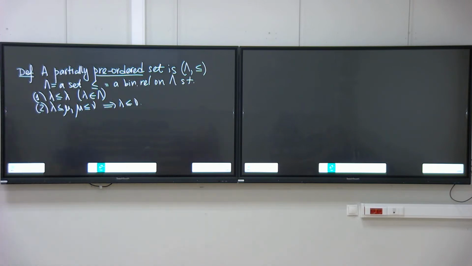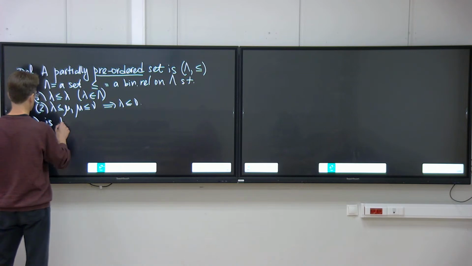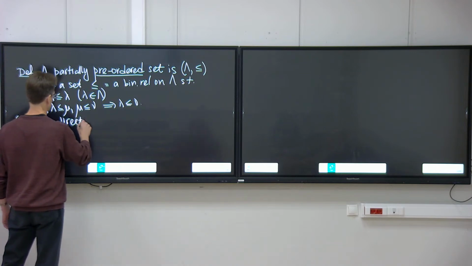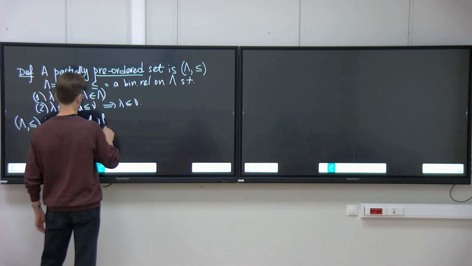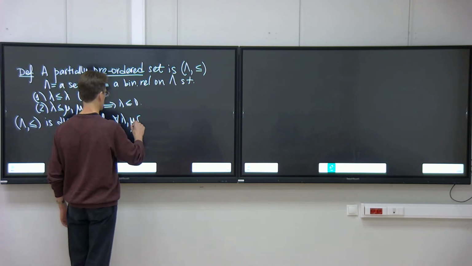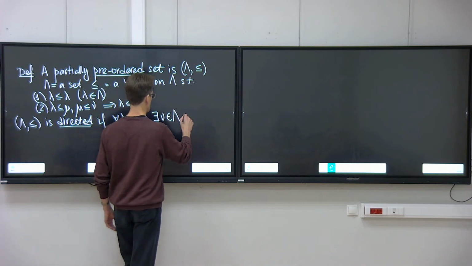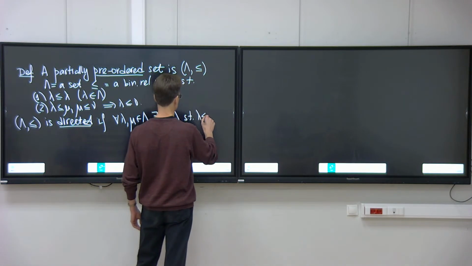For such sets, we can define the property of being directed in exactly the same way as in the case of ordered sets. So we say that a partially pre-ordered set lambda is directed if for any two elements lambda and mu, there is another element which dominates both lambda and mu.